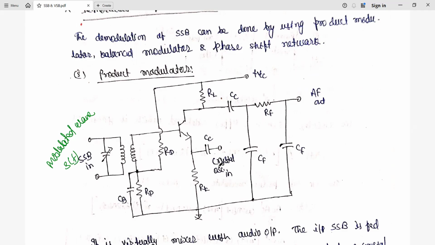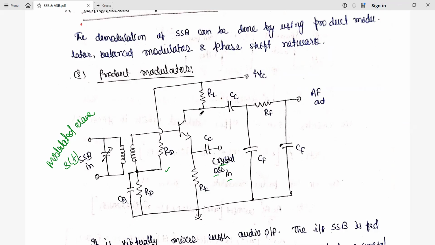That carrier signal is given here with the help of a crystal oscillator. The input side capacitors are used for coupling, and the output side capacitor is used for blocking. On that basis, the input is given here. Again, these are used for biasing, like voltage divider bias. We have RD for the transistors.